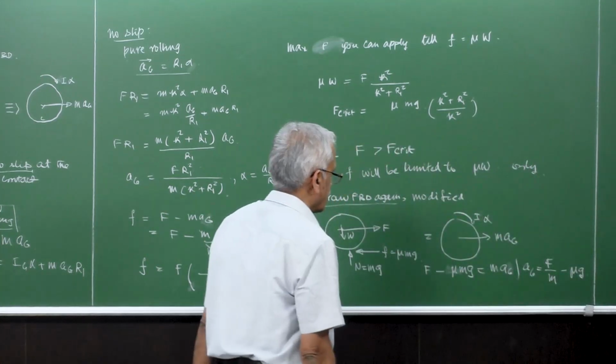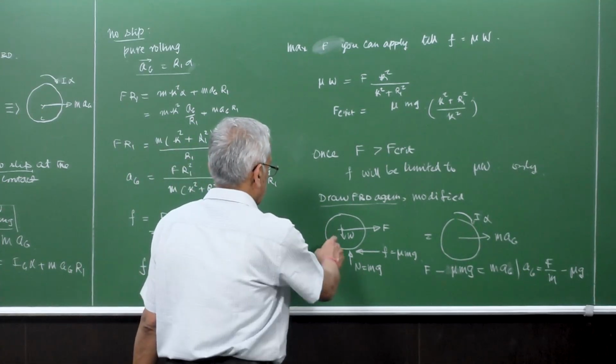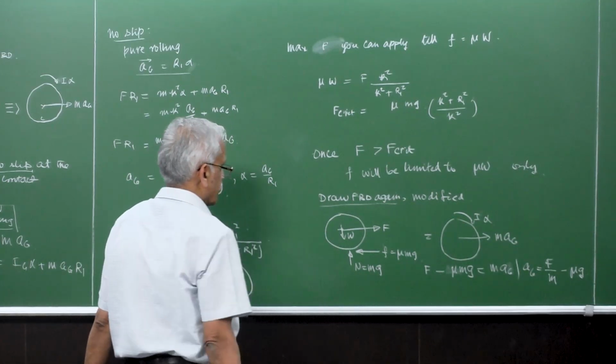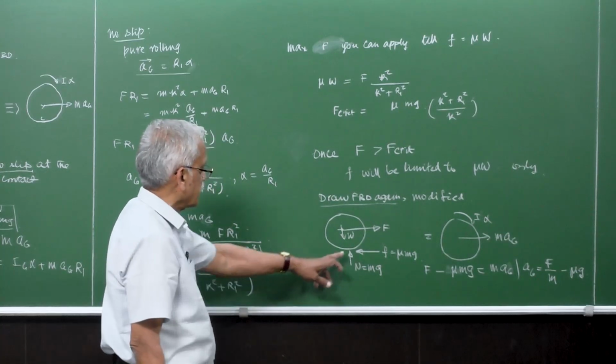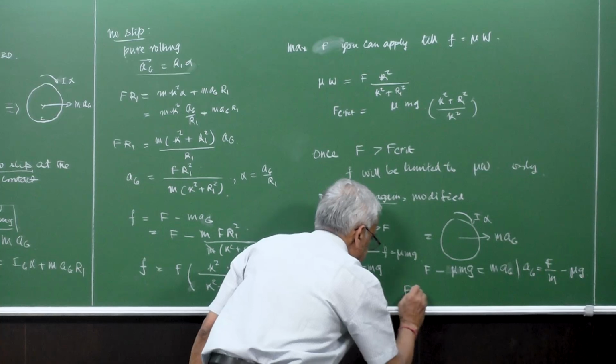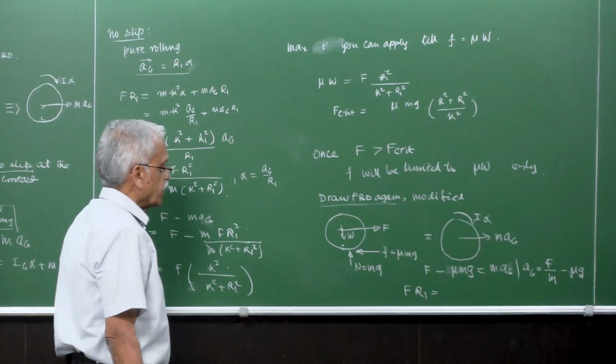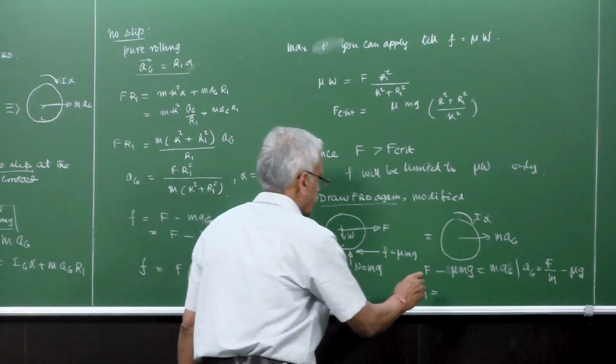minus mu g. Okay. On the other hand, you can also take the moments of these forces about the bottom point C here. So the other thing is that F into R1 here will be equal to I alpha here.